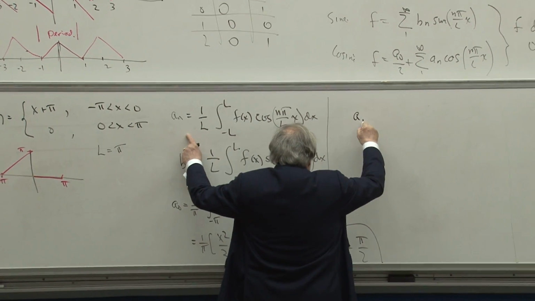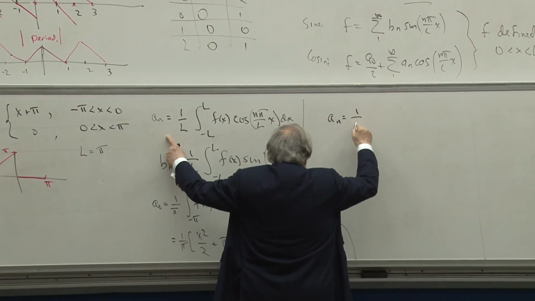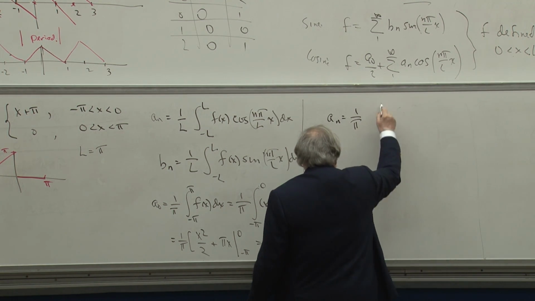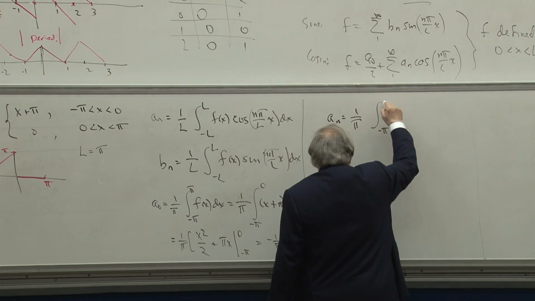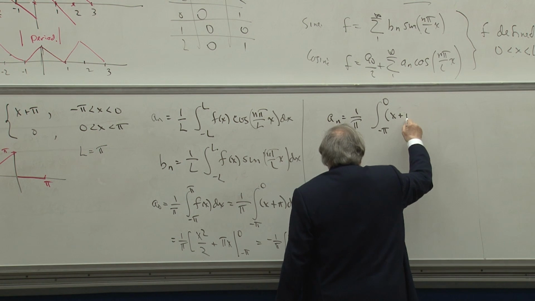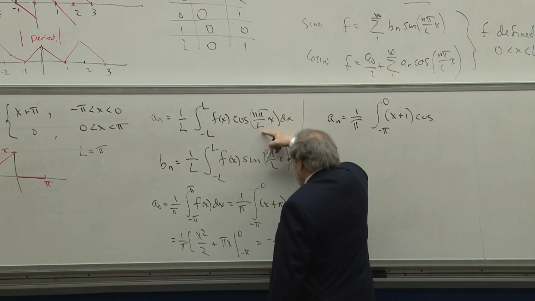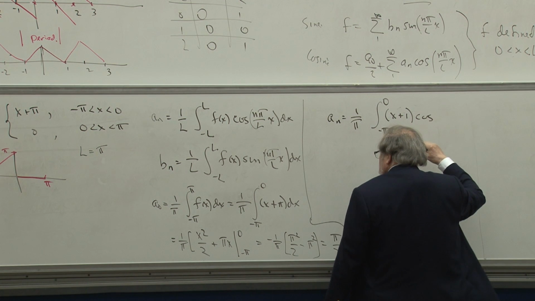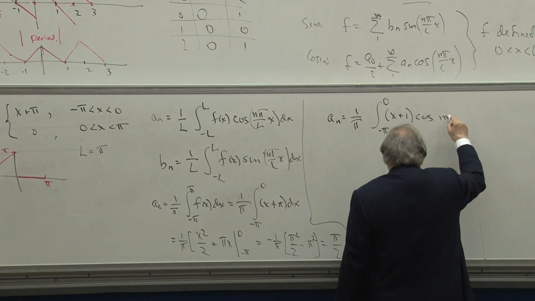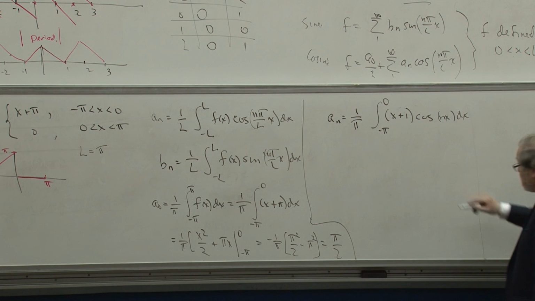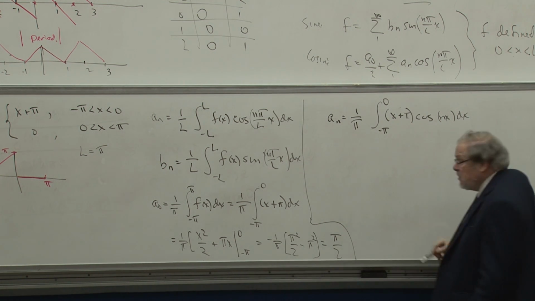Otherwise, a sub n, 1 over pi, integral from negative pi to 0, x plus pi cosine. L is pi, so that's n pi over pi is nx dx. This is pi, not 1.